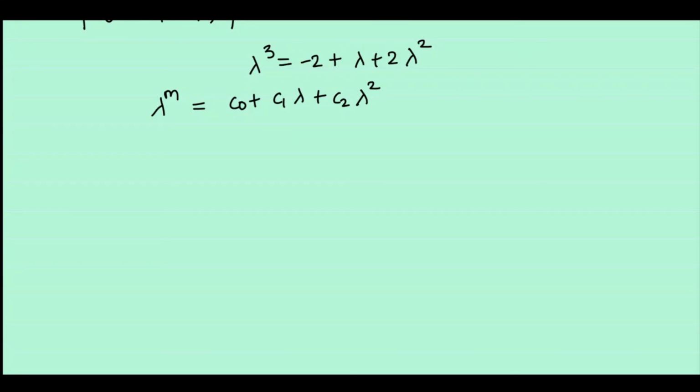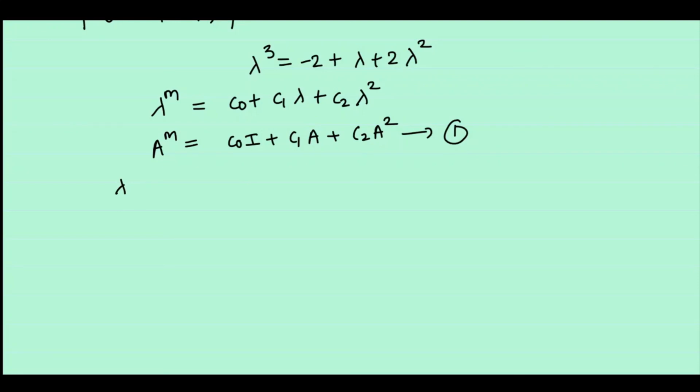Since the matrix is 3 by 3, you will have 3 constants C0, C1 and C2. Now by the Cayley-Hamilton theorem, we get A raised to m equal to C0 I plus C1 A plus C2 A square. Mark it as equation number 1.